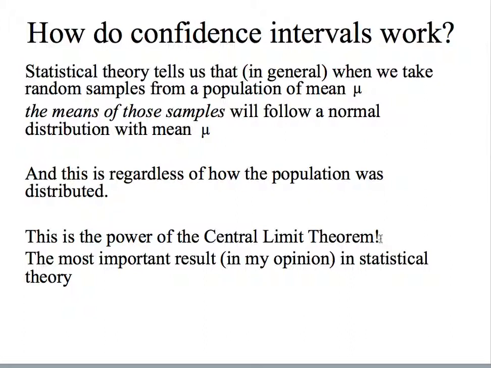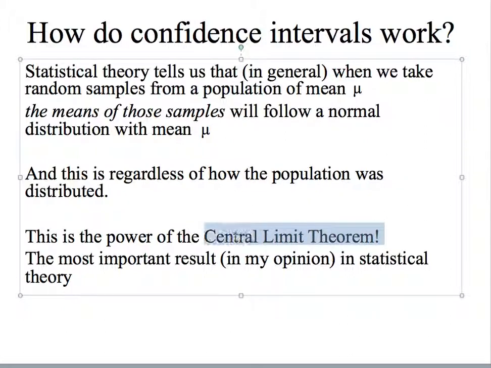Now, the central limit theorem, you should have seen this in your Intro to Stats class. It is, in my opinion, the most important result in statistical theory. The most important result in statistical theory.